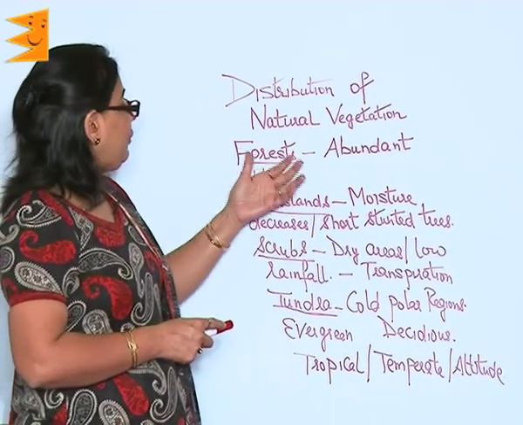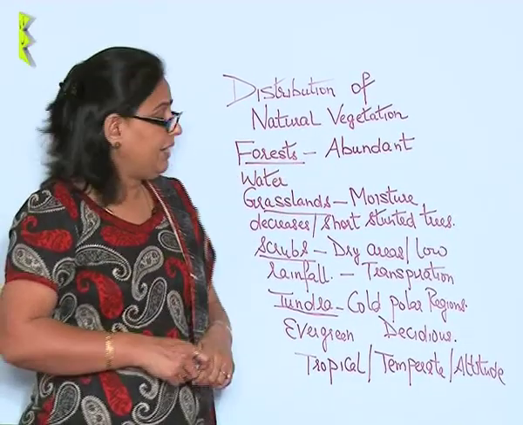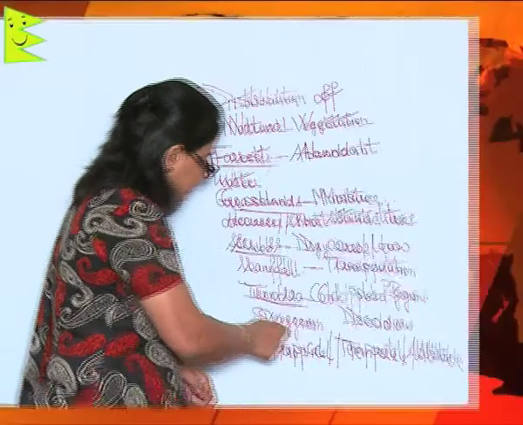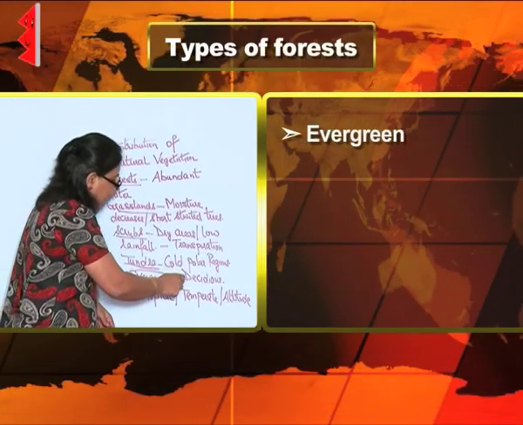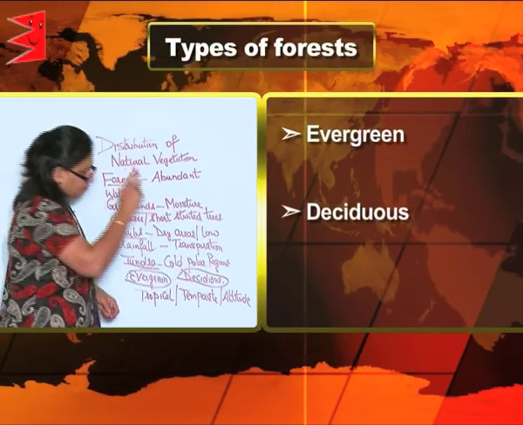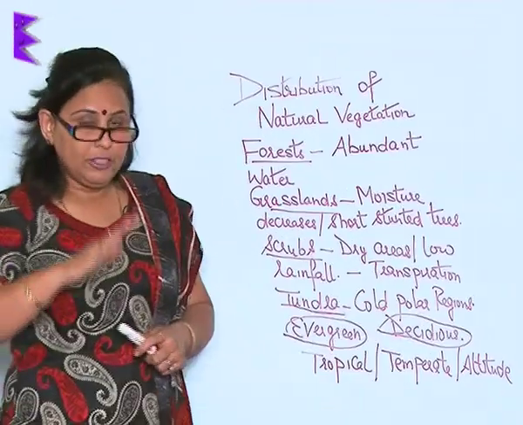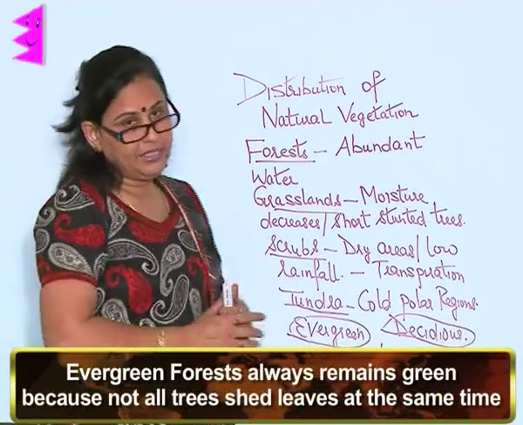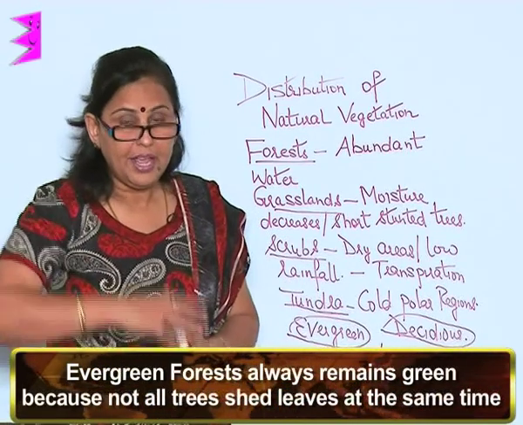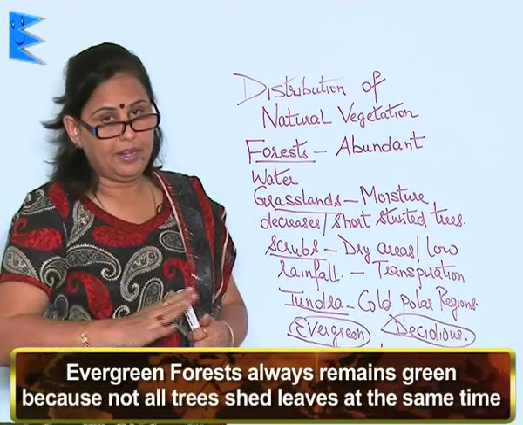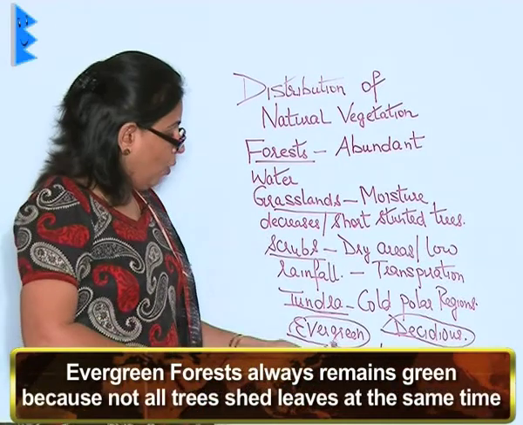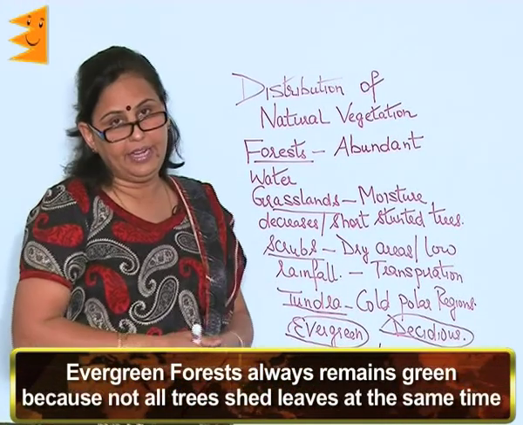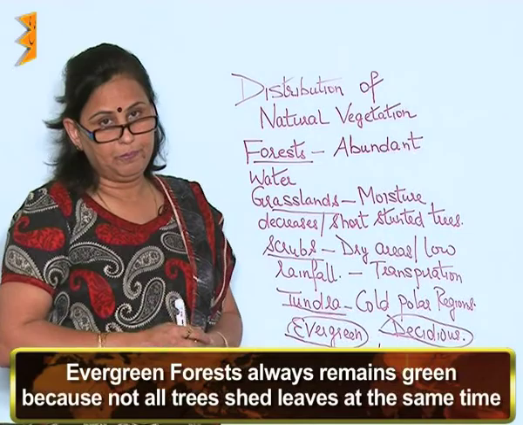Now if I have to divide the forest, I will divide it into 2, that is the evergreen and the deciduous forest. The difference between the 2 forests is that the evergreen forest, as the name suggests, ever remains green, because not all the trees shed their leaves at the same time.